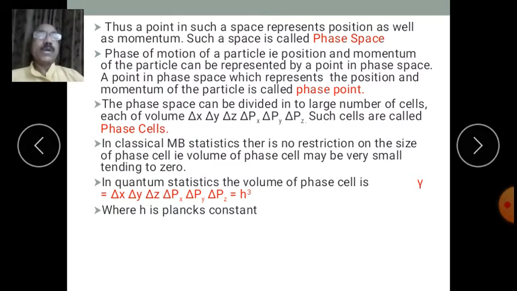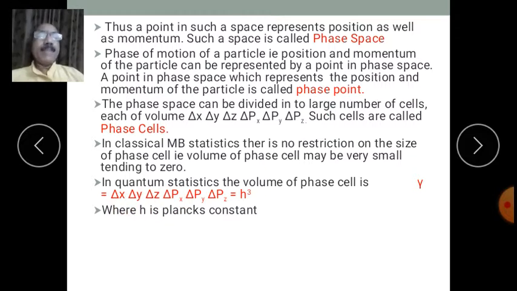A point in phase space is called a phase point, and a cell in the phase space is called a phase cell, which has this much volume.